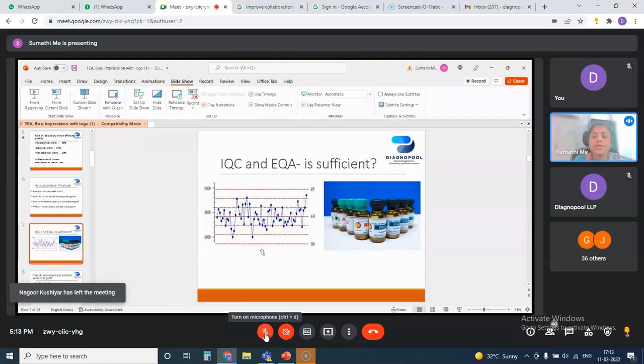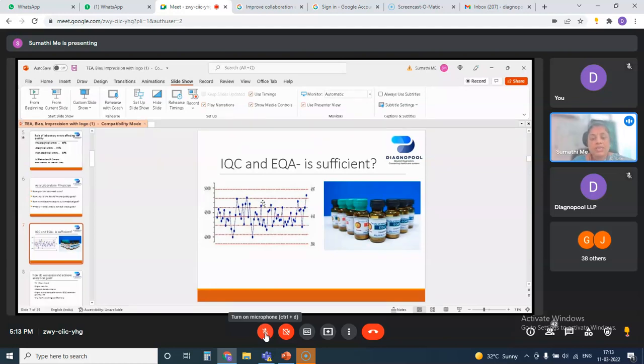So most of you must be aware that the statistical analysis we do out of internal quality control captures something. So we analyze the internal quality control and derive some of the metrics based on the IQC data. That is importantly the mean we get out of the IQC data, the standard deviation, and the percentage CV.